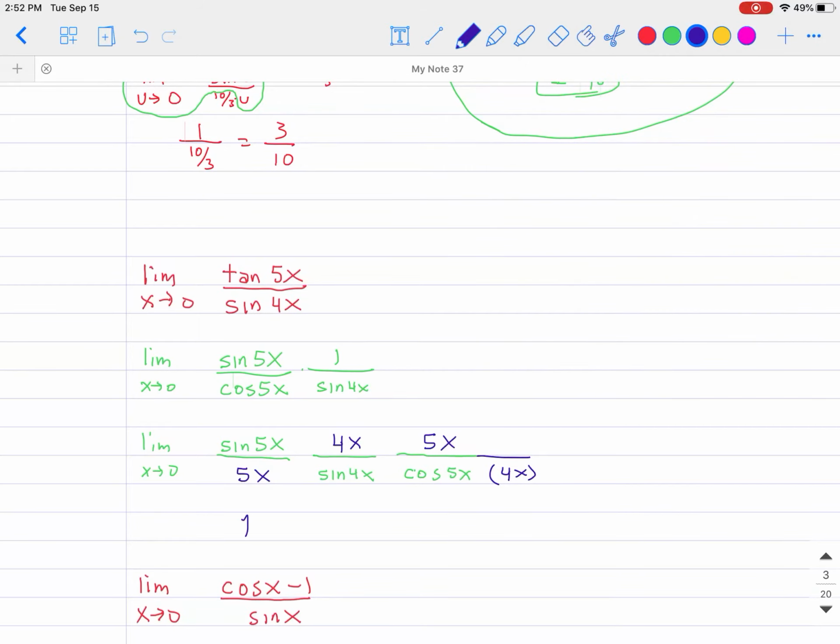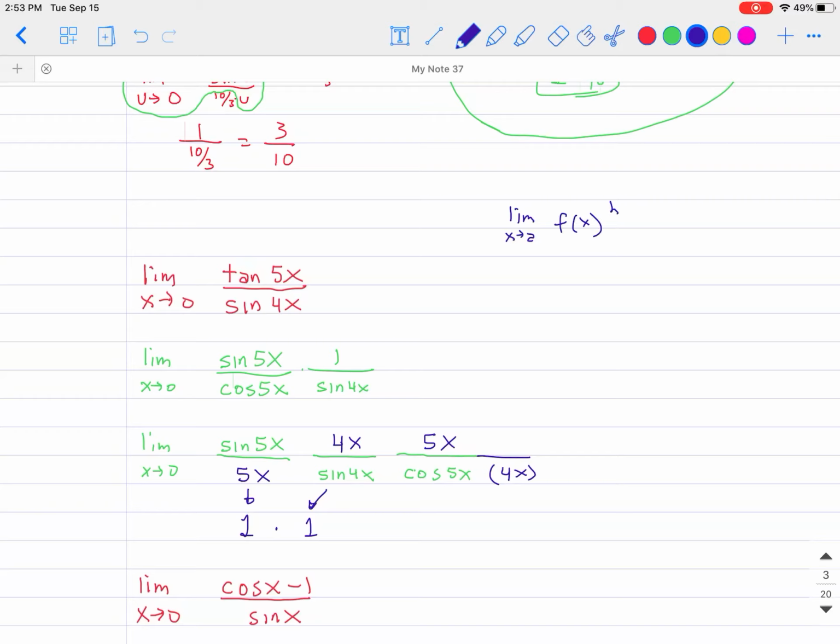Now that we have all of this, we can clear things out and see what happens. This part and the first part, you can see that that limit is going to be 1 because the components are going to be the same thing. This guy over here is also going to be equal to 1 because there's a limit law that says that if you take the limit of something and then you raise it to some power, it's the same thing as the answer raised to the power instead.